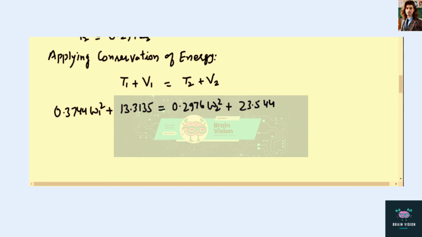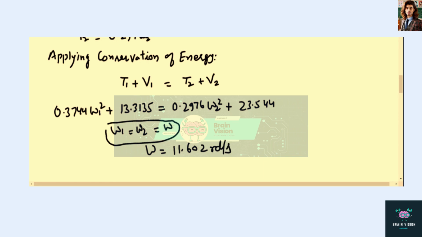It is given omega 1 is equal to omega 2 is equal to omega. Substituting the values and solving, you will get omega to be 11.602 radian per second.